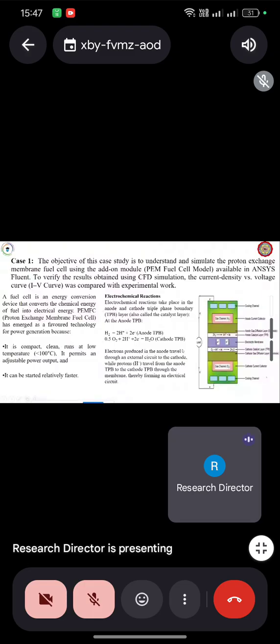So in this, an electrochemical reaction will happen. What is the electrochemical reaction that takes place? In the anode and cathode triple phase boundary, also called the catalyst layer, at the anode TPB, H2 is broken down into ions, losing some electrons at the anode: H2 gives 2H+ plus 2 electrons. Similarly, at the cathode I am mentioning 1/2 O2 plus 2 hydrogen ions plus 2 electrons, combining to make H2O at the cathode TPB.